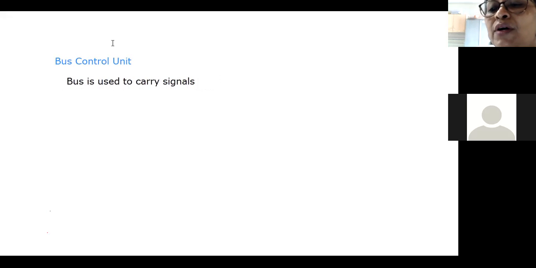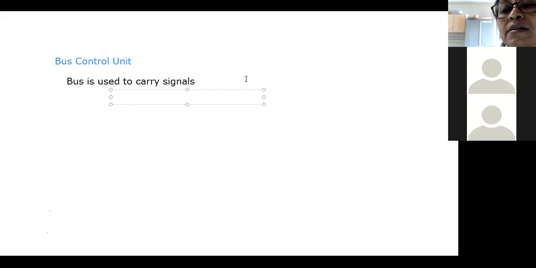And as I have told you, there are three types of buses in a microcontroller. Which are those? Can you remember? What are the different types of buses?